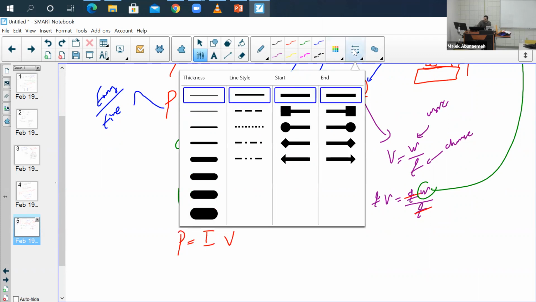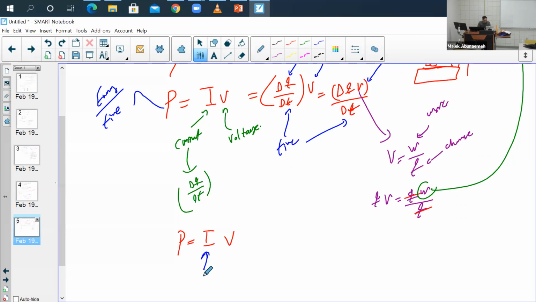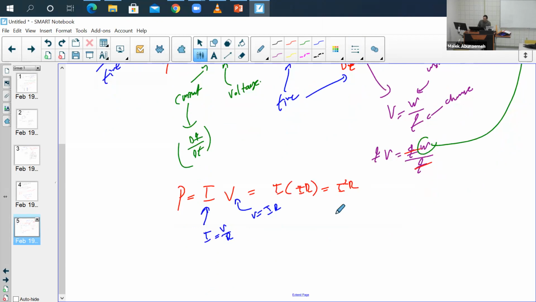Now, I is going to equal V over R, and V is going to equal IR. Substituting, you get I multiplied by IR, so you get I squared R. Or you can say your power also equals IV, which if you substitute the I, gives V over R multiplied by V. So you get V squared over R.